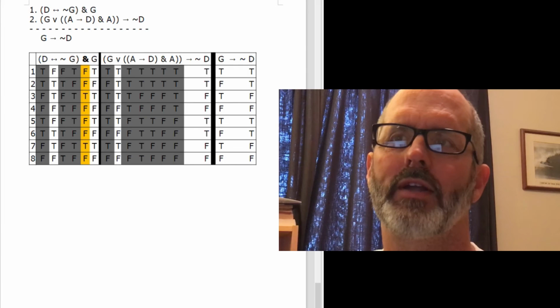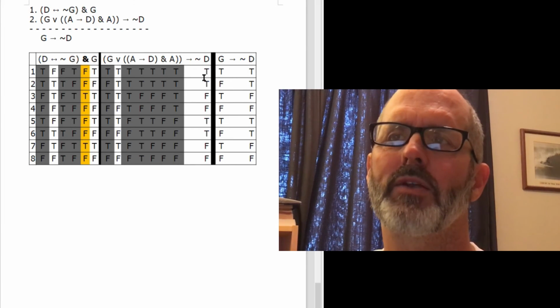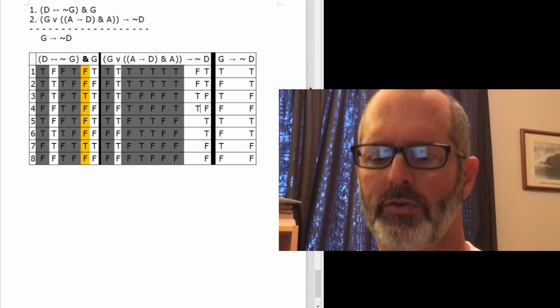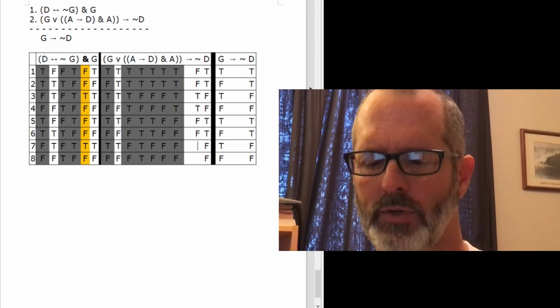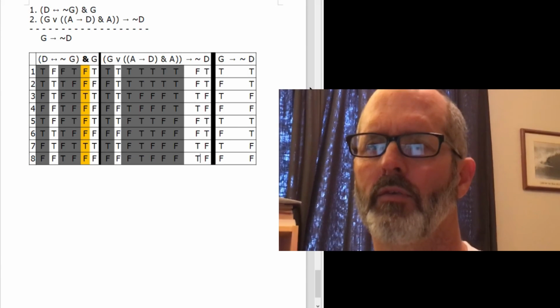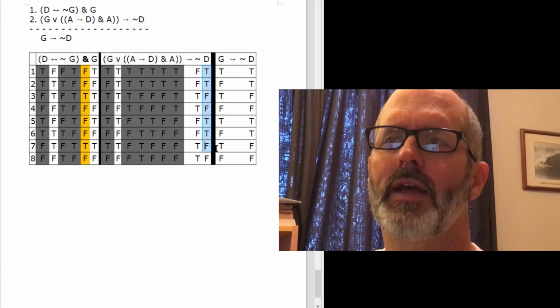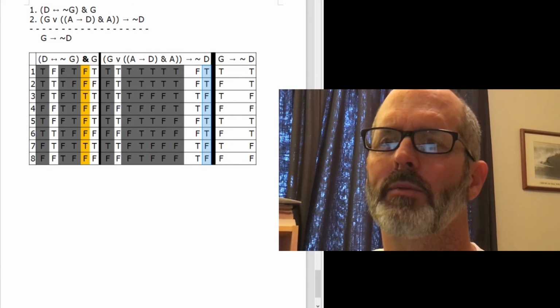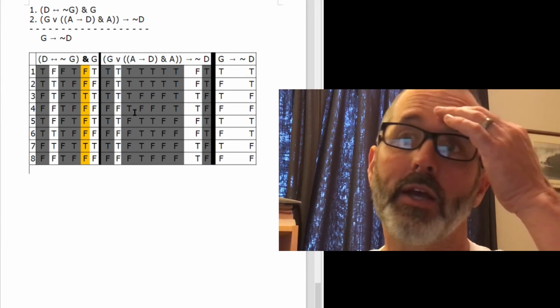Now notice, before I solve the main connective, I first must fill in this negation's value. So I simply reverse the values of D, really easy, reverse values. What does that mean? Values under the column of D are no longer needed. I will shade those out. Look at all that's left.